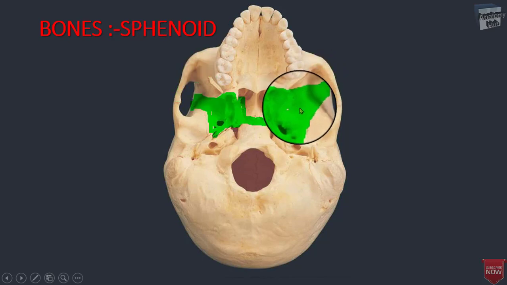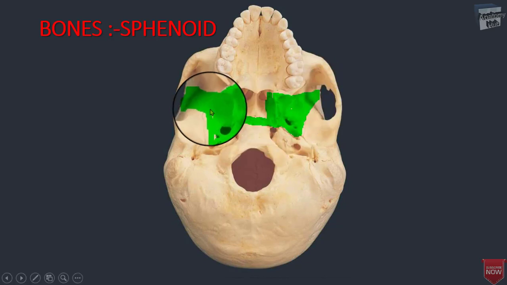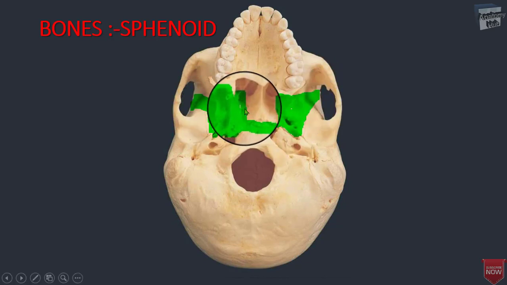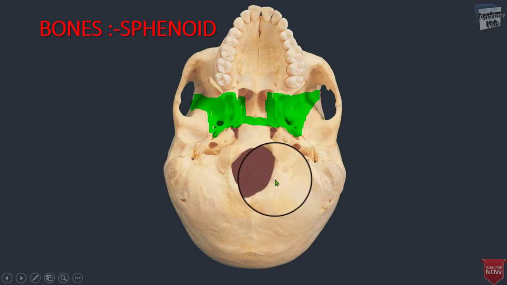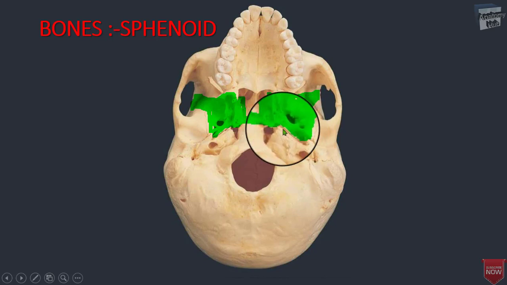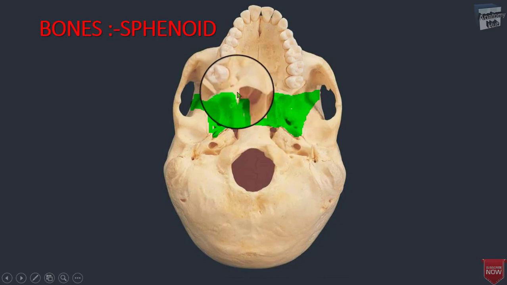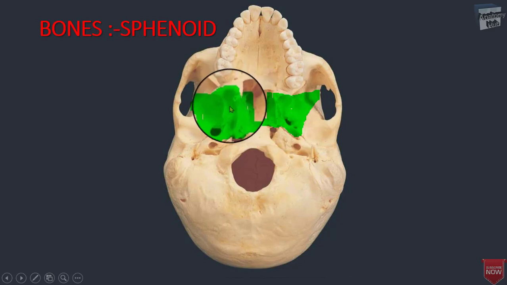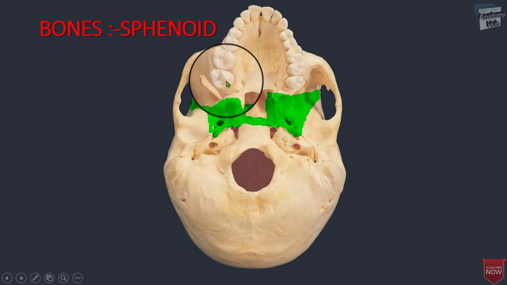The Greek word spheno means wedge, so it is wedge shaped and contributes a strip across the entire base of the skull anterior to the occipital bone and temporal bone. In the external view, the sphenoid sends a pterygoid process downward on each side behind the end of the superior alveolar arch.